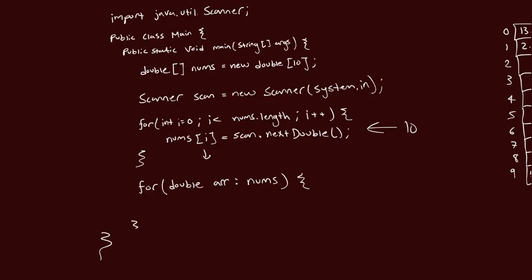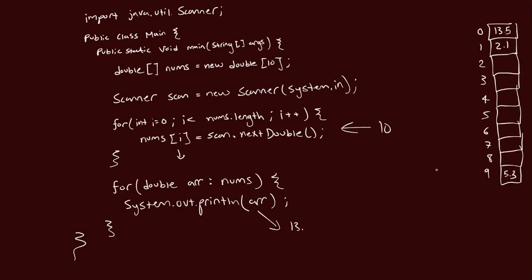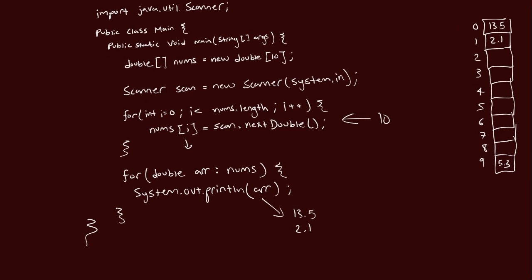Then we do System.out.println and pass in r. And this will do the same thing as our previous for loop. This pretty much iterates through all our nums, puts those values in r, and then prints them out. So this is going to print out 13.5, then on the next line 2.1, then on the next line whatever our array value at index 2 is, and so on and so forth.